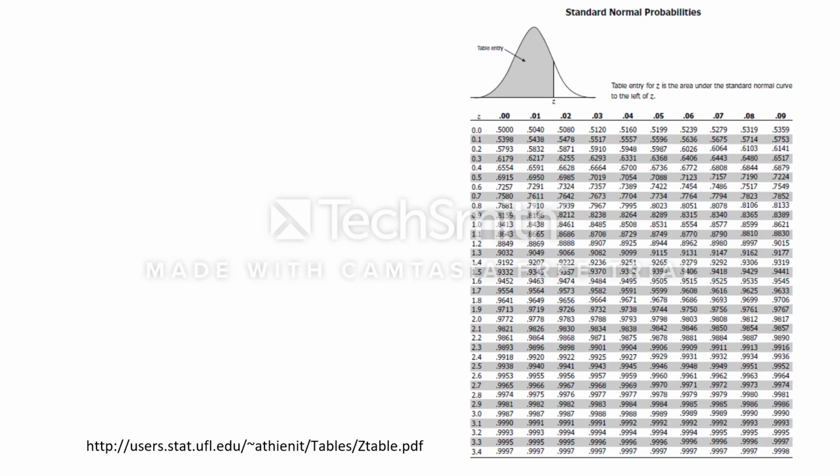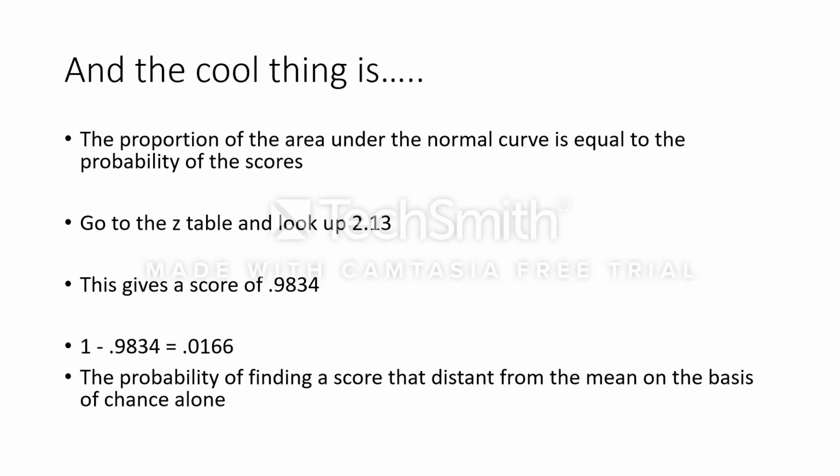What we want to do is look up 2.13, and here on our Z table, we've got 2.1 and 0.03, and this gives us a value of 0.9834.